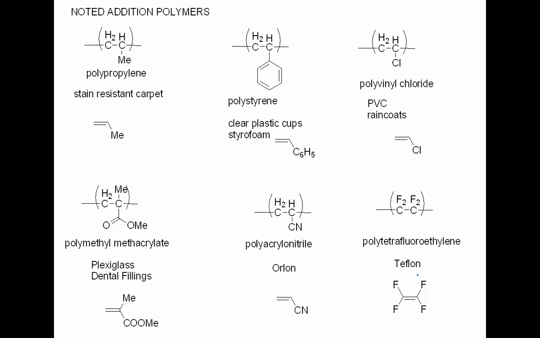Okay, so there's polypropylene. This is the basis of the DuPont Stainmaster carpet. You can sort of see why it would be a good stain-resistant carpet. Nothing would have very much affinity for this, since the only intermolecular forces it would have for any stain molecules would be van der Waals forces, and they're not very strong.